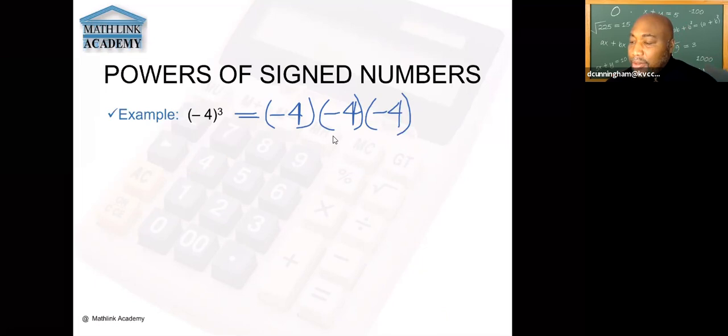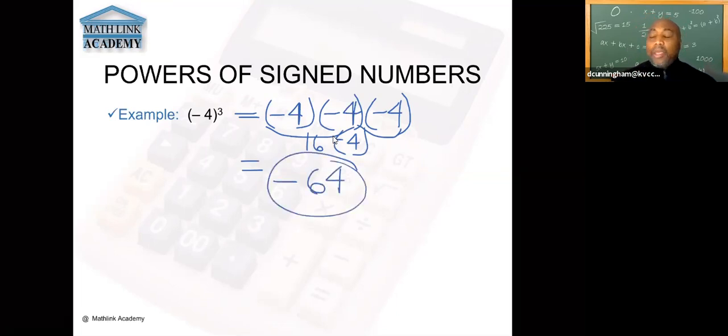Now when we multiply these two together, this gives me a +16 times a -4. And therefore that would give me a -64 if I did that correct. So my final answer for this one will be negative 64.